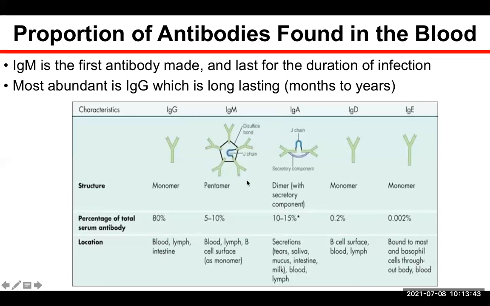And so once there's some, it's called isotype class switching, where there's a recombination of the proteins within the actual antibody, it'll end up switching to this other type called IgG. And IgG has a high affinity or a lot of magnetism to the pathogen of interest.